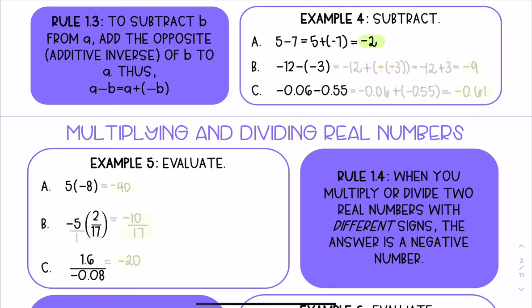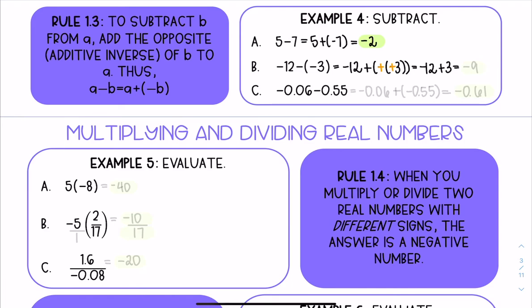What about negative 12 minus negative 3? So we keep the first number, we change this to a plus, and then we bring the negative to the second one. Well, those two negatives end up becoming two positives. So this is like saying negative 12 plus 3.